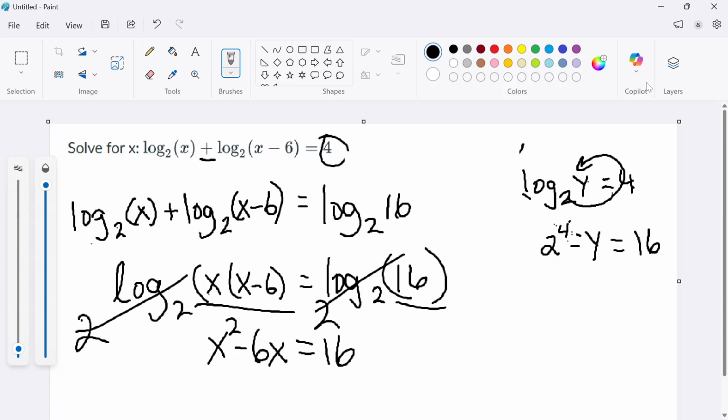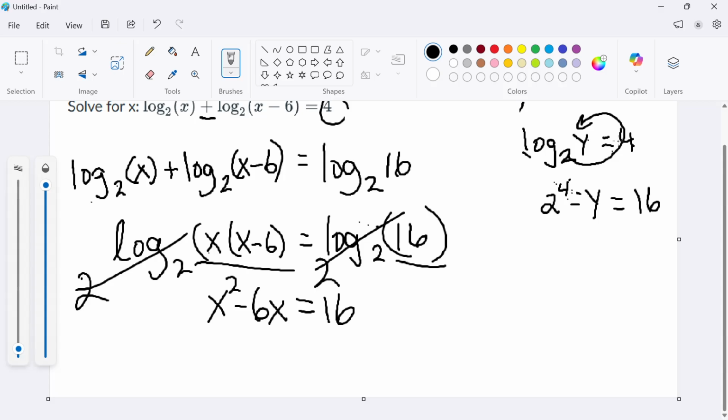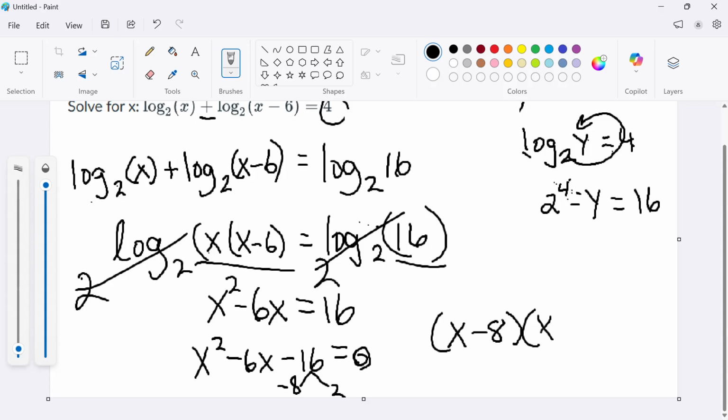So x squared minus 6x equals 16, x squared minus 6x minus 16 equals 0. I need numbers that multiply to negative 16 and add to negative 6: negative 8 and positive 2. So this is x minus 8 times x plus 2 equals 0. So x is 8 or negative 2.